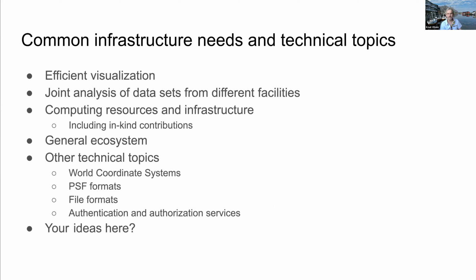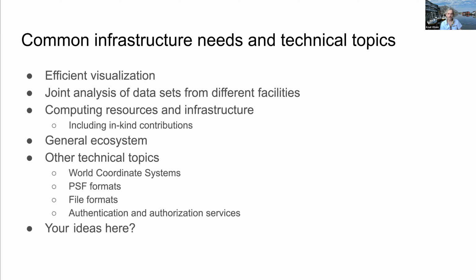Some other topics that we touched on were the need for efficient visualization. These are very large surveys and data sets that challenge our visualization systems. Effort is already underway to try to do some joint processing at the pixel level, but joint analysis of data sets from different facilities, including Rubin and Roman, is an important topic.